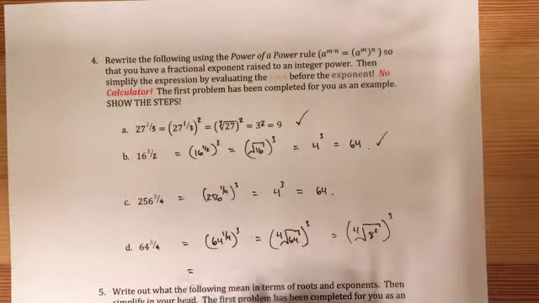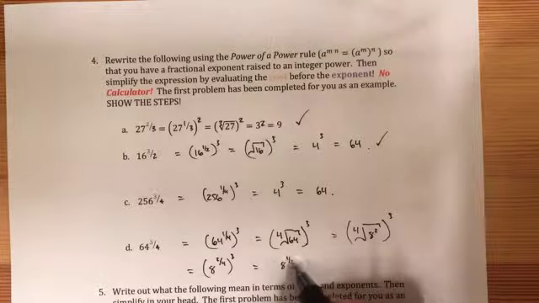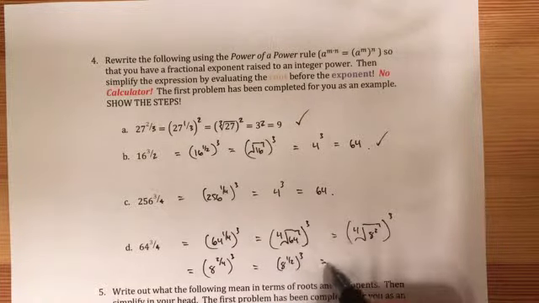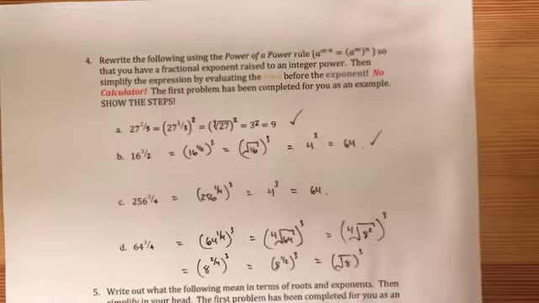And that is equal to, well, the fourth root of 8 squared is 8 to the 2/4 and then cubed. And that's 8 to the 1/2 all cubed, which is the square root of 8 all cubed.